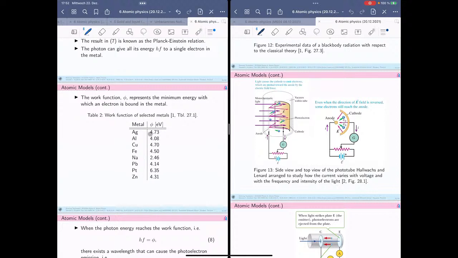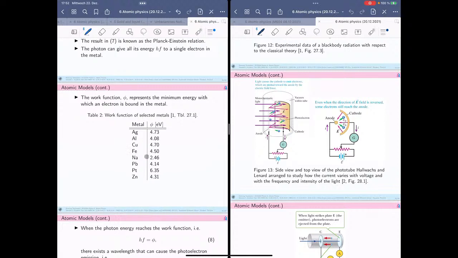You just multiply this value by the electron charge, and you're gonna get the energy in the SI scale, in joule. And copper has the work function of 4.7 electron volt. It's a little bit less than silver. Copper has weaker bonding force than that in silver.